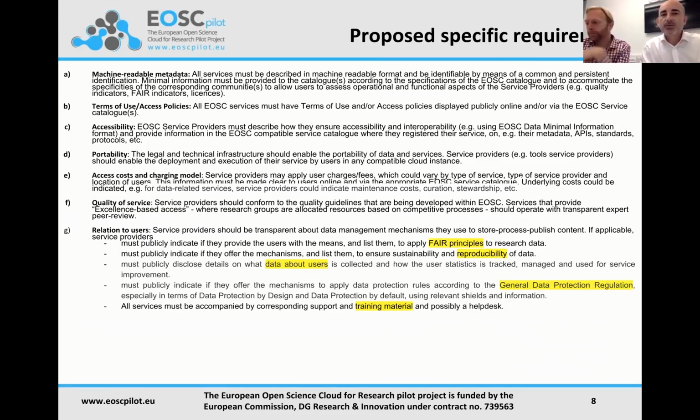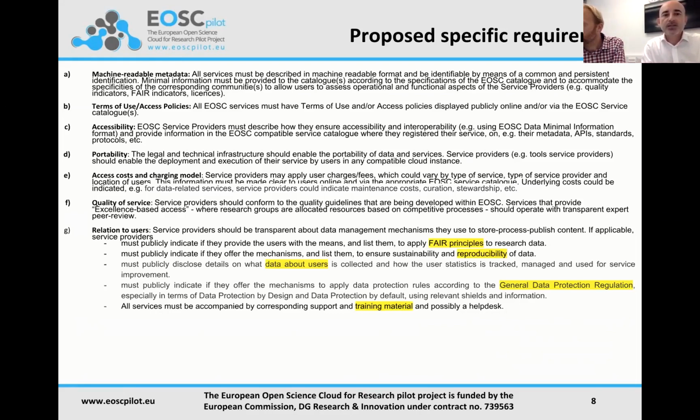So minimal information must be provided to the catalogs according to the specifications of the EOSC catalog, and they must accommodate specificities of the corresponding communities to allow users to assess operational and functional aspects of the service providers. For example, the quality indicators, fare indicators, and licenses.